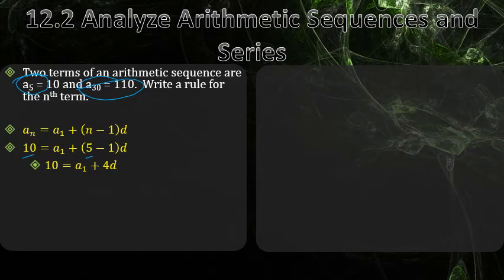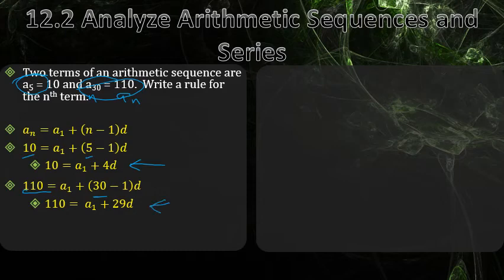If I take my other point and fill it in, an is 110, n is 30. 30 minus 1, of course, is 29. And so now I have these two equations. That looks like a system of equations with two variables. So we could solve those with, say, linear combination.